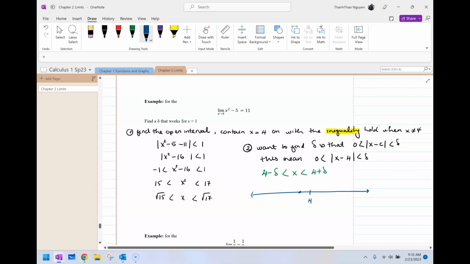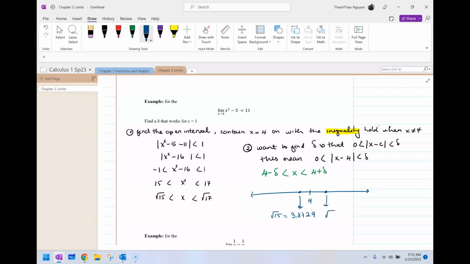The square root of 15 in decimal value is 3.8729. The square root of 17 is equal to 4.122.